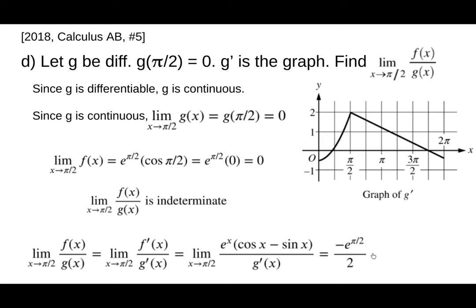So the limit as x approaches pi halves of e to the x times cosine x minus sine x all over g prime of x should be negative e to the pi halves all over 2. Cosine of pi halves is 0. Sine of pi halves is 1. 0 minus 1 is negative 1. So we get negative e to the pi halves all over 2.